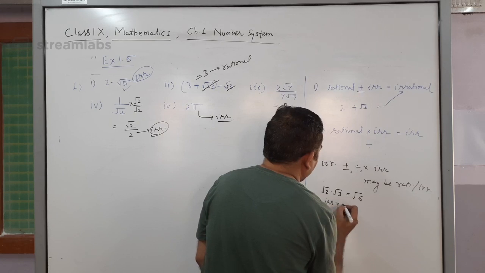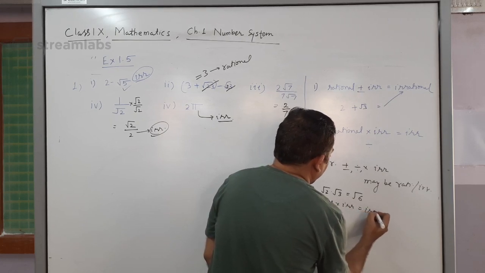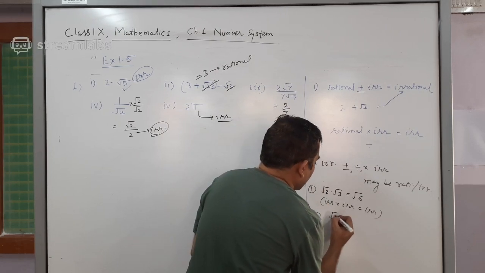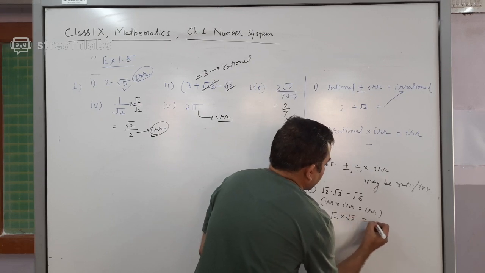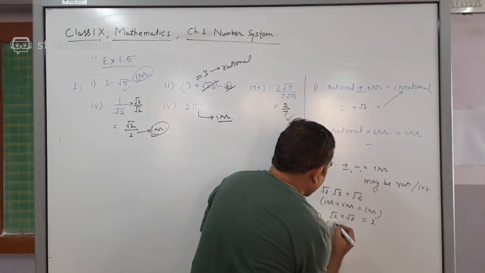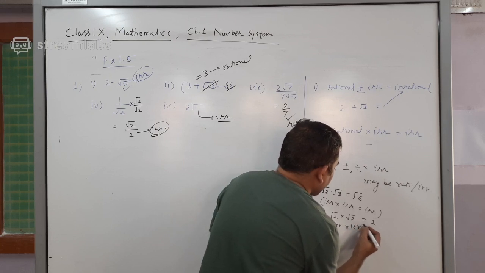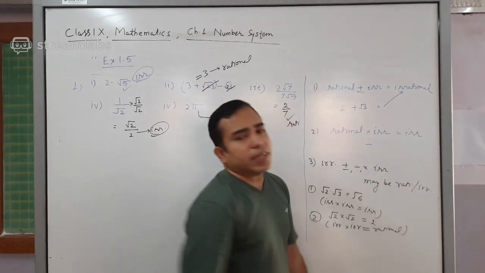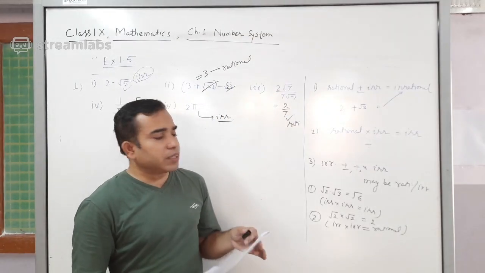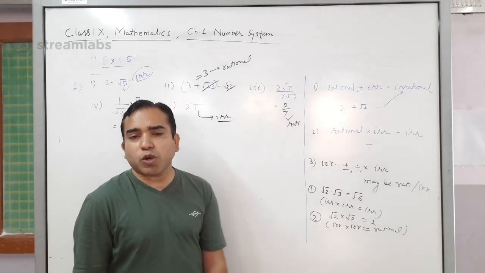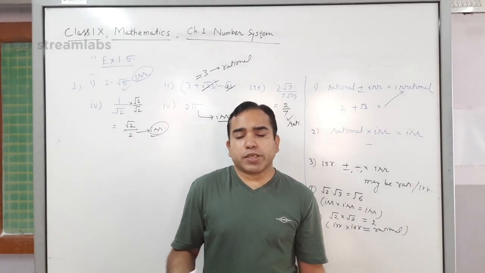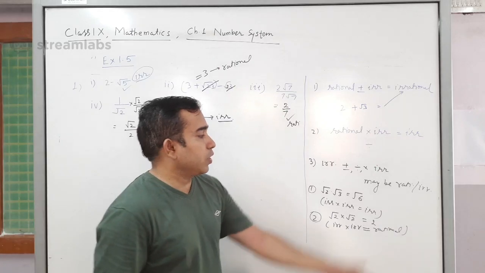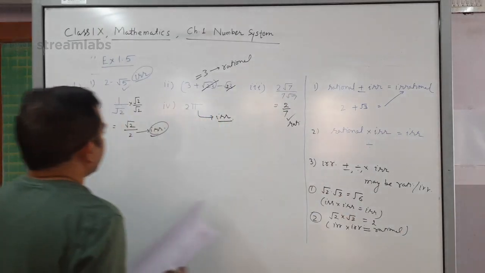Another example, root 2 into root 2 is 2. So here irrational into irrational equals rational. What I am saying is that when irrationals and irrationals are operated together with some operation, either addition or subtraction or multiplication or division, the result may be rational also, the result may be irrational also. Right? It depends case by case.